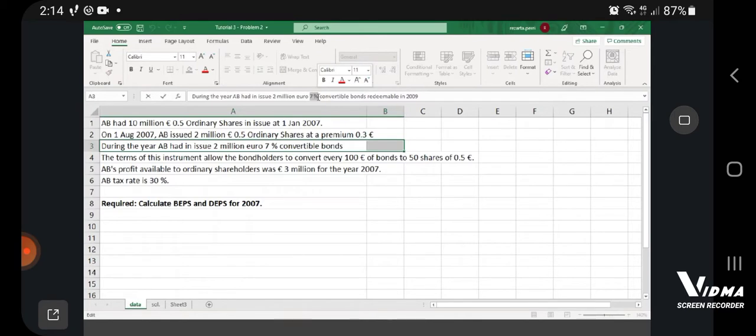That means that the profit available to ordinary shareholders will need to be increased, will need to be added back the amount of interest that will not represent an expenditure anymore. And as we discussed beforehand, this is an interest expense. That means that it has been deducted before taxes, and in order to add it back, or to reverse its effect, we have to apply the after-tax effect.